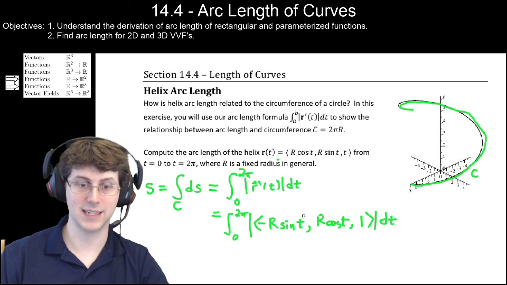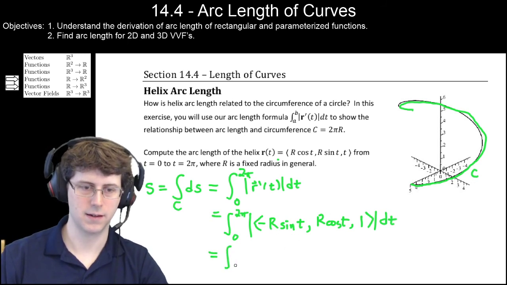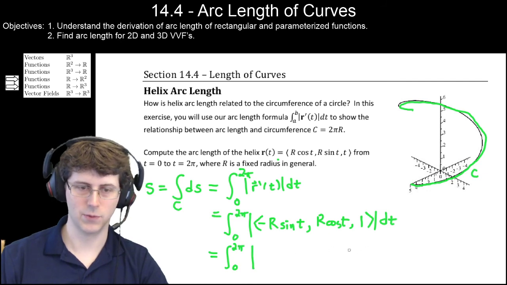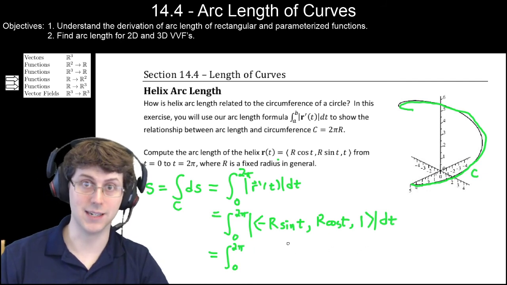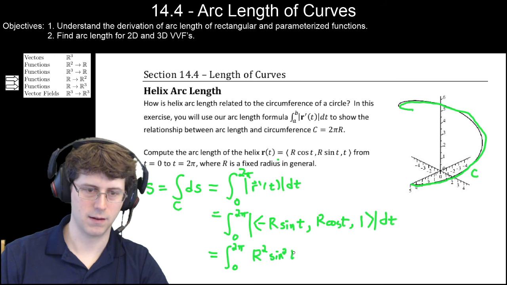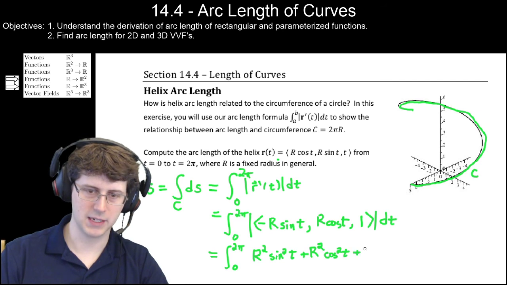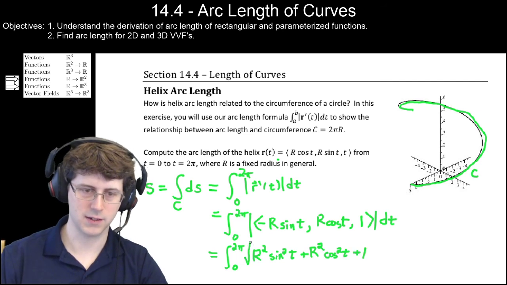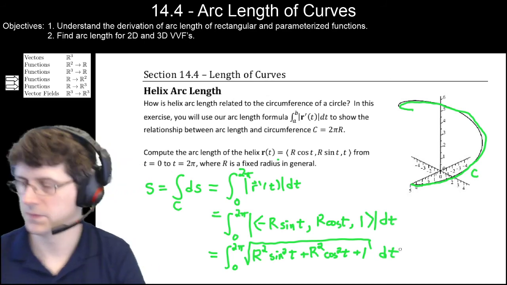Then I need the magnitude of this vector. Remember that vector is the velocity vector, and once I take the magnitude, now it's the speed, which isn't a vector anymore. So I'll square all the components, add them together, and take the square root.